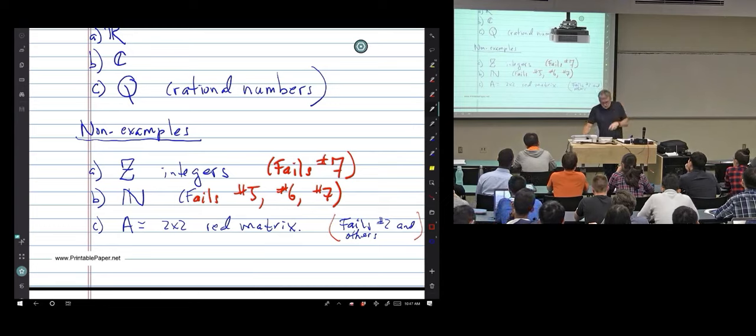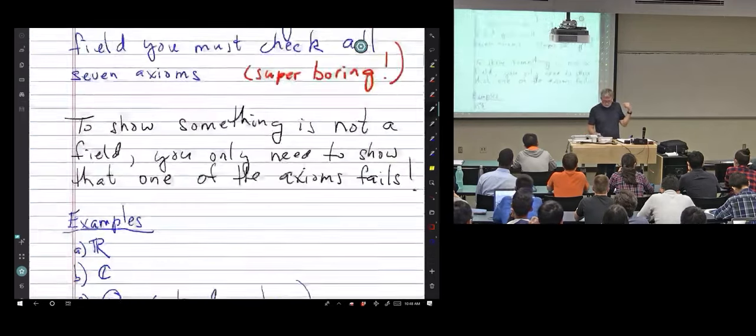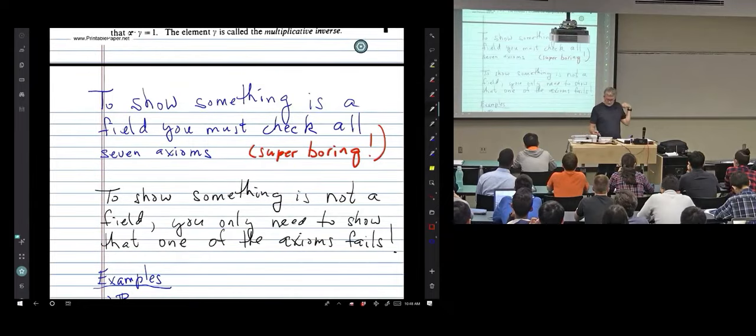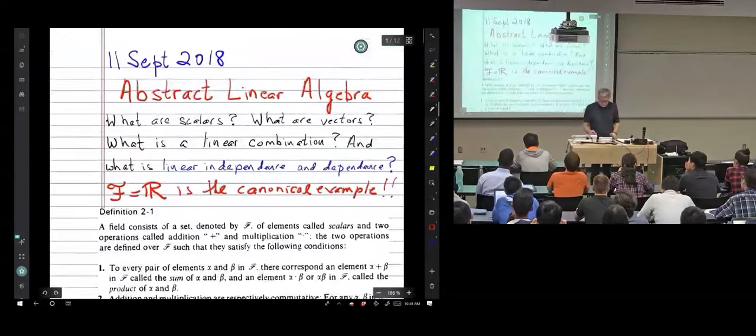Now, it is false that the 2 by 2 matrices satisfy axioms 1 through 7, hence we do not call them scalars, but you're absolutely right. If they did, we would call them scalars. The complex numbers are scalars. The real numbers are scalars. Excellent. So integers are non-scalars? How do we refer to them? They're integers. Yeah, so the elements of the field are called scalars.